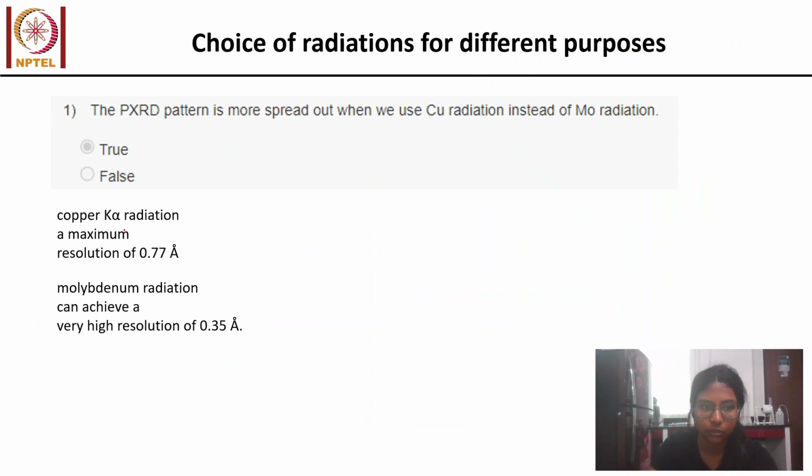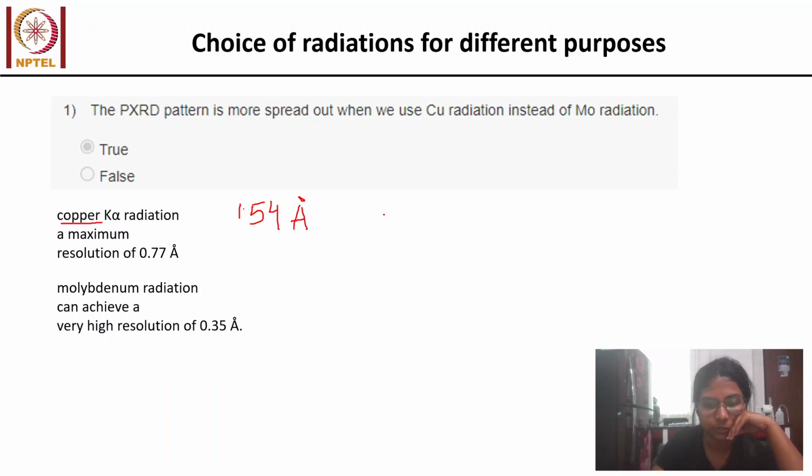So when we are talking about copper here, the wavelength is 1.54 angstrom, and using that we can achieve a maximum resolution of 0.77 angstrom. I hope you know how to do that.